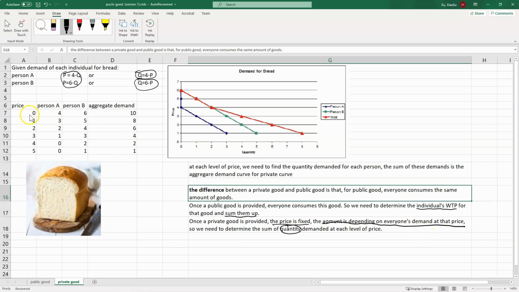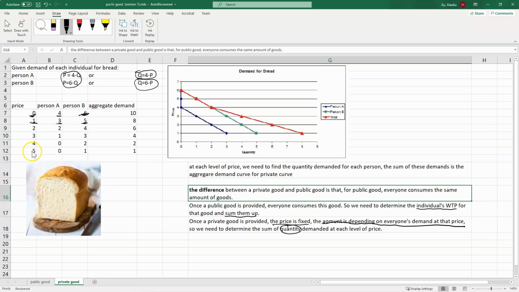So in this table, if the price is equal to 0, then A's demand would be 4. B would demand 6 units of this good. And if the price is equal to 1, A would demand 3 units, B would demand 5 units.